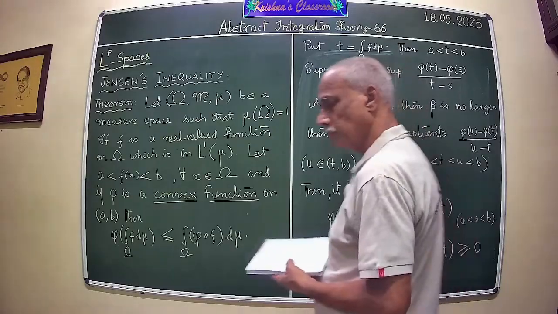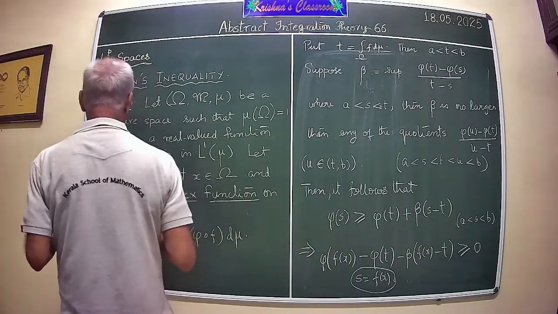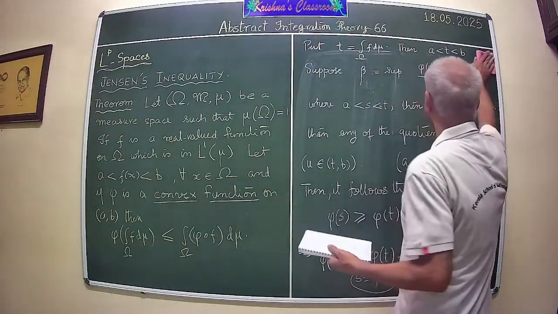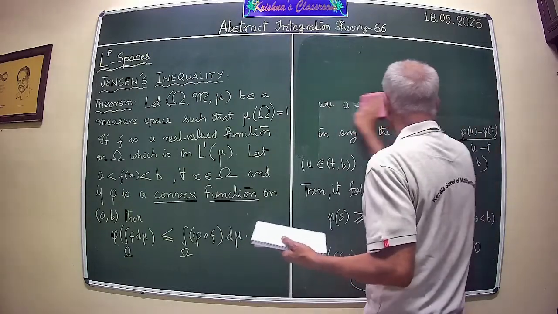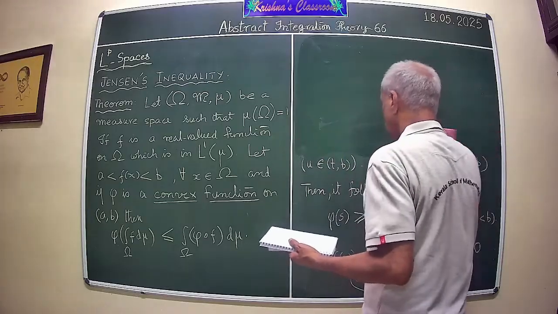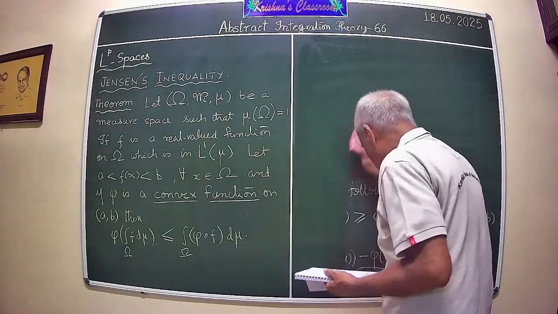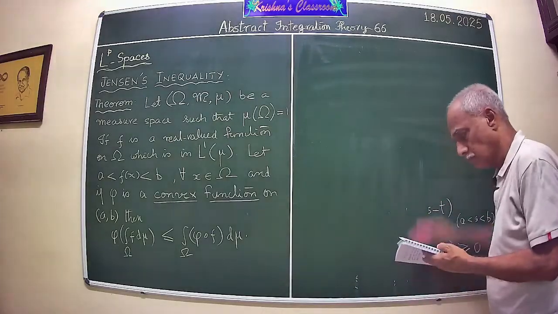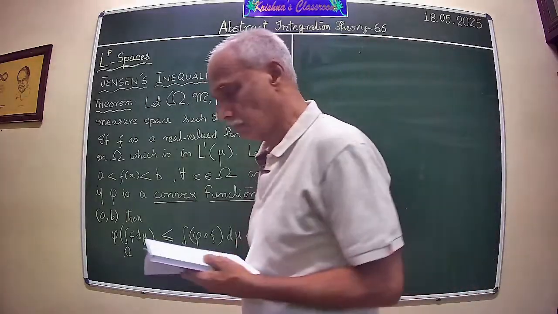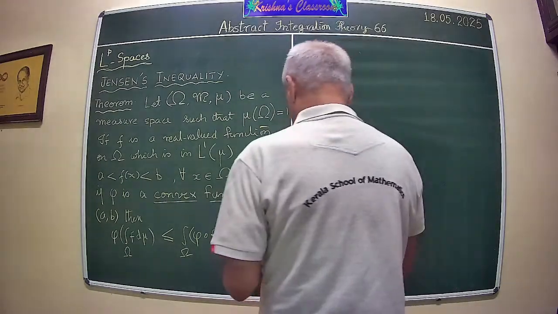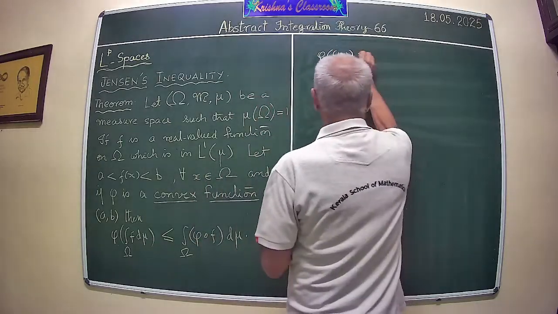So you are writing s is equal to f x. This is the choice thing. That is phi of f x is greater than or equal to phi t plus beta into f x minus t.